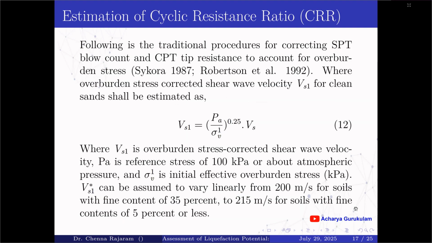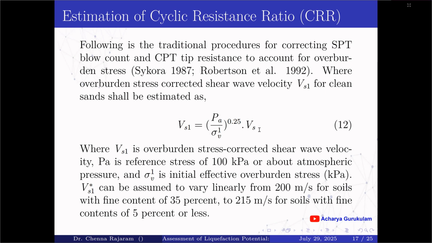Following the traditional procedure for correcting SPT blow count and CPT tip resistance to account for overburden stress, the overburden stress corrected shear wave velocity VS1 for clean sand soils shall be estimated as VS1 is equal to (Pa divided by sigma V prime) whole to the power of 0.25 into VS.